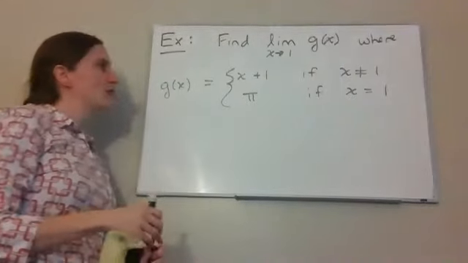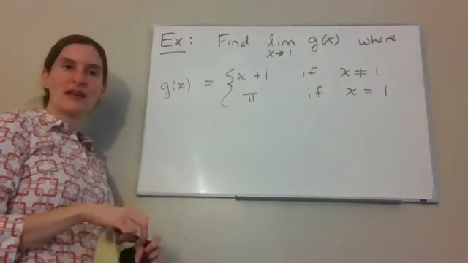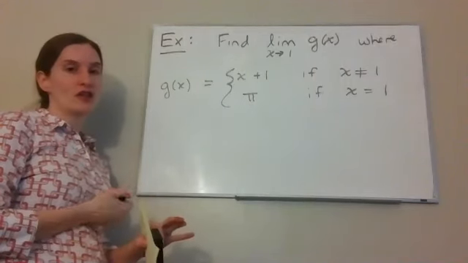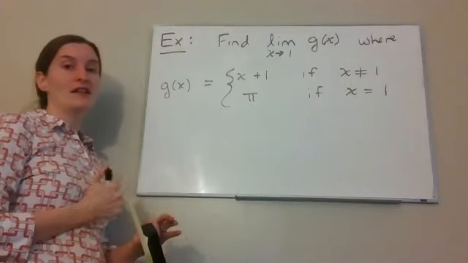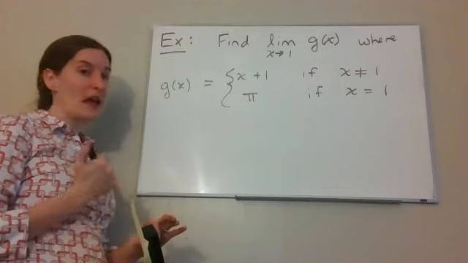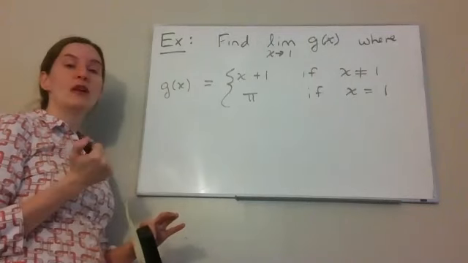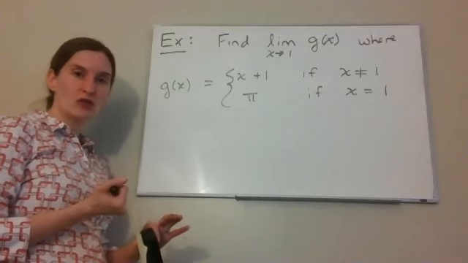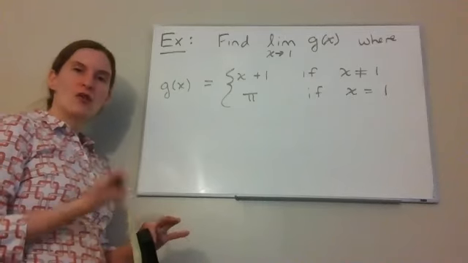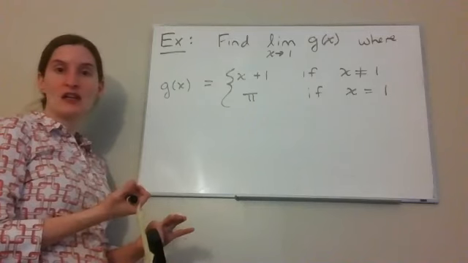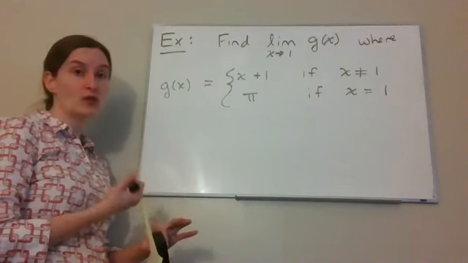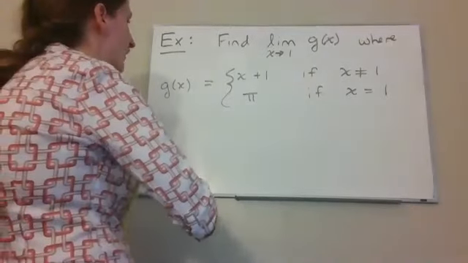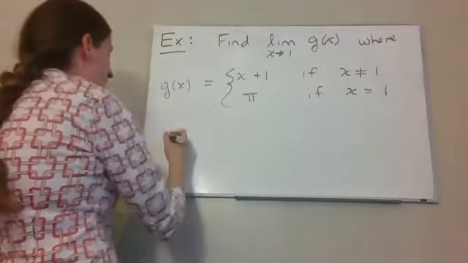So I want to find the limit of this function as we get close to 1. Now remember, a limit of a function as we approach a value is not always the same as the actual function value. We don't want to know exactly what g of 1 is equal to. We want to know what the behavior of our function is as we get closer and closer to x equals 1.